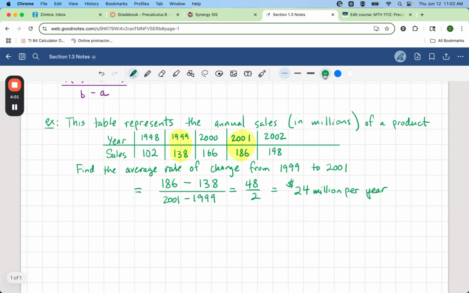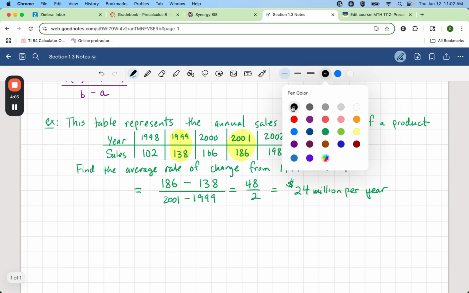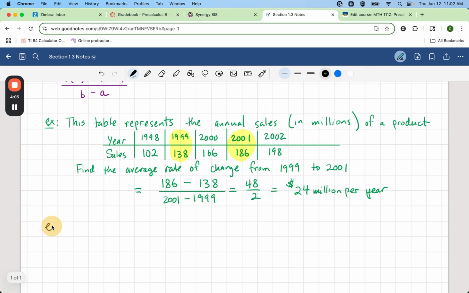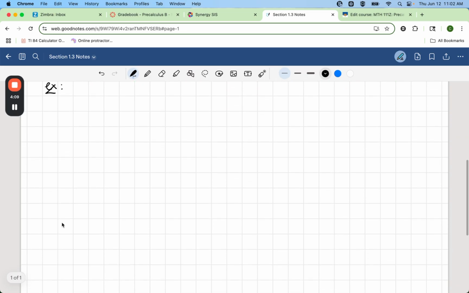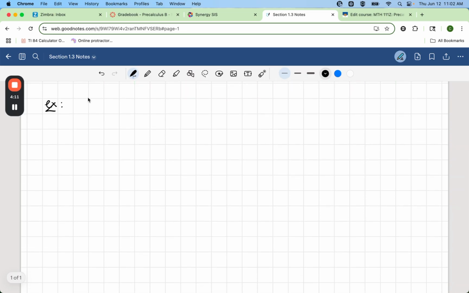Let's look at average rate of change if you're given a graph. If I'm given a graph, let's try to draw it carefully. I got my y-axis there, my x-axis there. My x-axis is just going to be 1, 2, 3, 4. My y-axis is going to go up by tens.